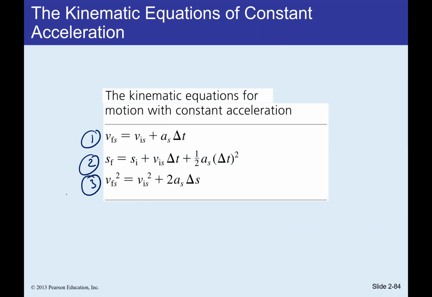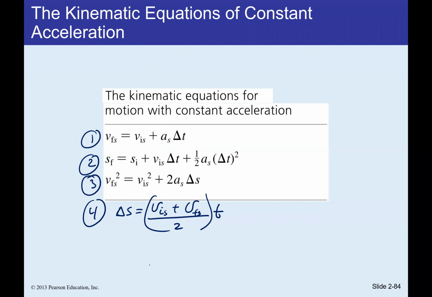I will also give you a fourth one, which is basically for delta S. This equals V initial plus V final divided by 2 times time. This is also a useful equation because V initial plus V final over 2 is the average velocity, then times time.